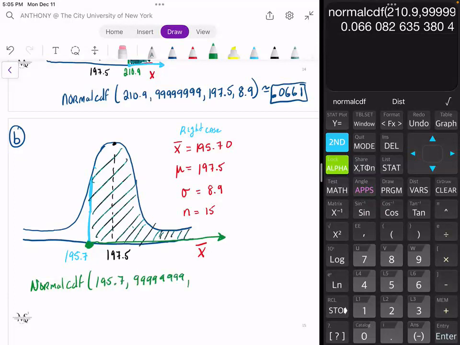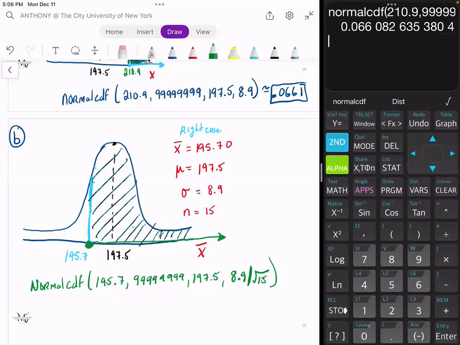Followed by the population's mean, 197.5. Standard deviation has to be 8.9 divided by the square root of 15. So remember, we're no longer dealing with x, we're dealing with x bar. So the standard error was the correct terminology for this. The standard error is the standard deviation divided by square root of n.